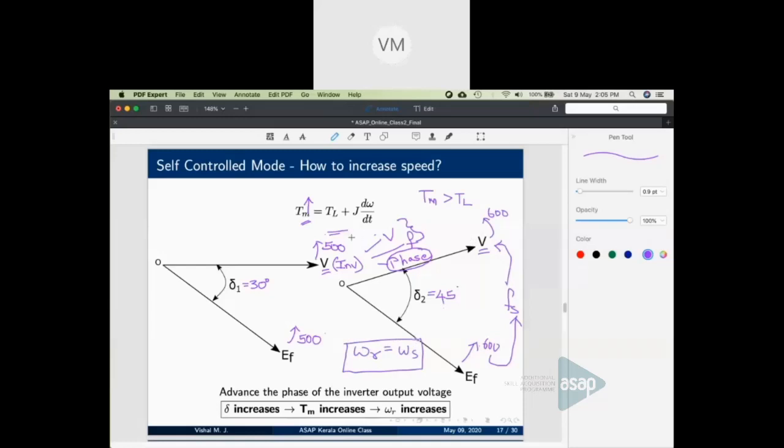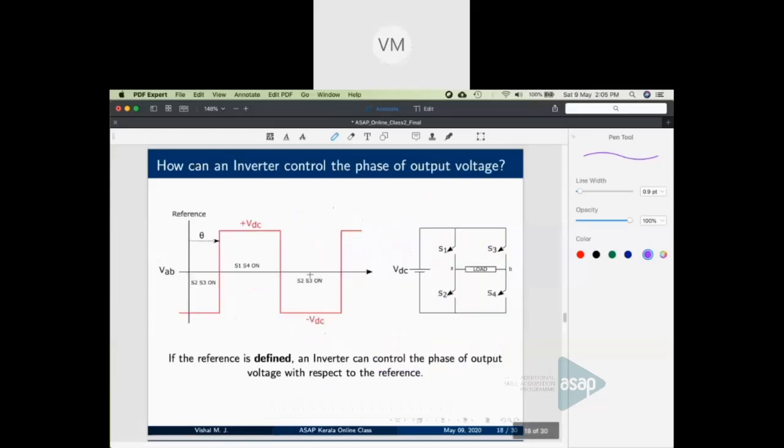We have seen how we control the voltage V, pulse width modulation, how we control frequency, frequency modulation. Now let's see how we control the phase of an output voltage. Consider a three-phase inverter. For simplicity's sake, I am considering only phase A, or red phase RYB.